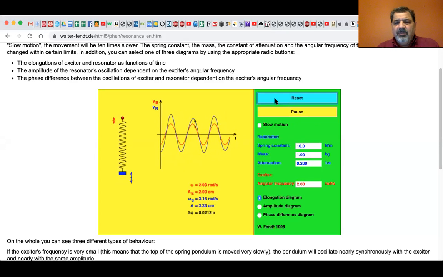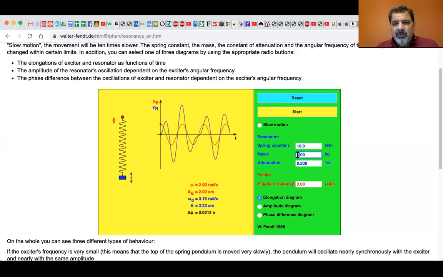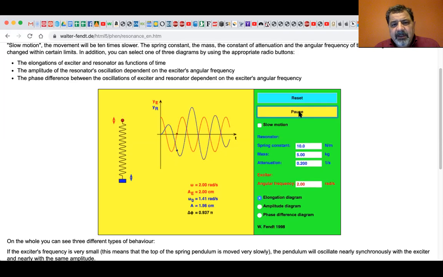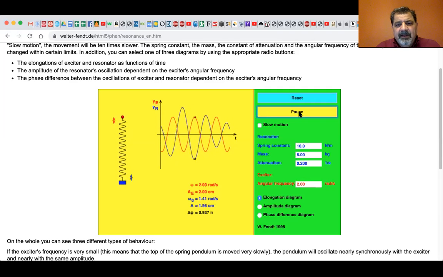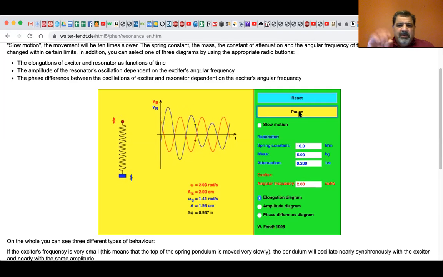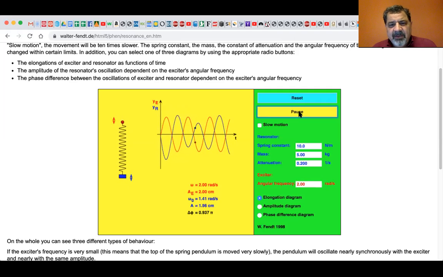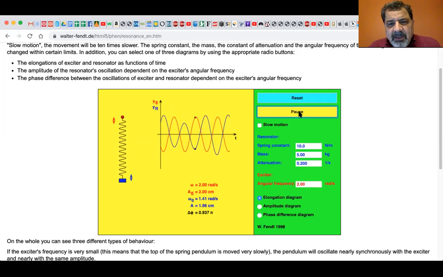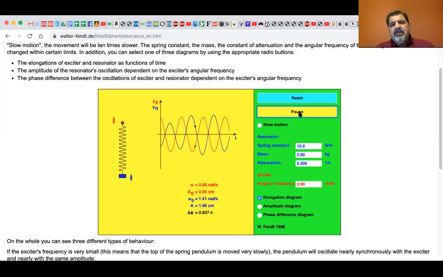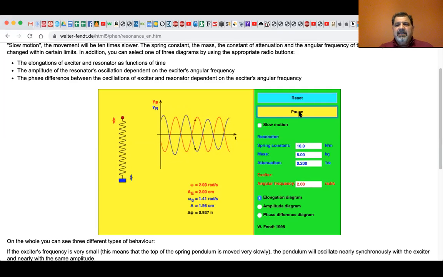Let's reset that. Let's put this somewhere over on the other side. Let's try 5 and start, and you can see that it has a little bit of trouble there. Also, you can see how the blue is not consistent.